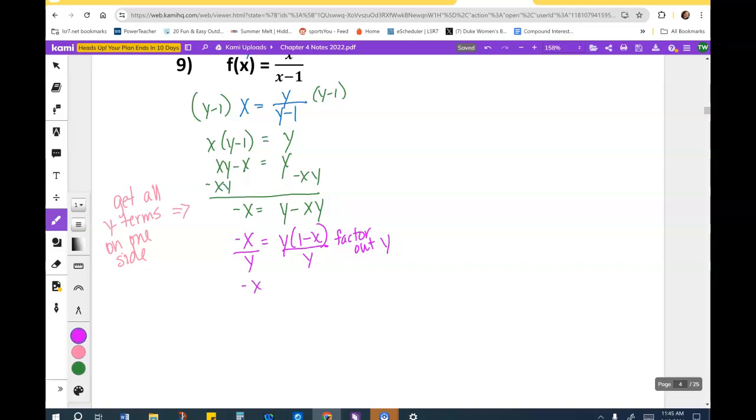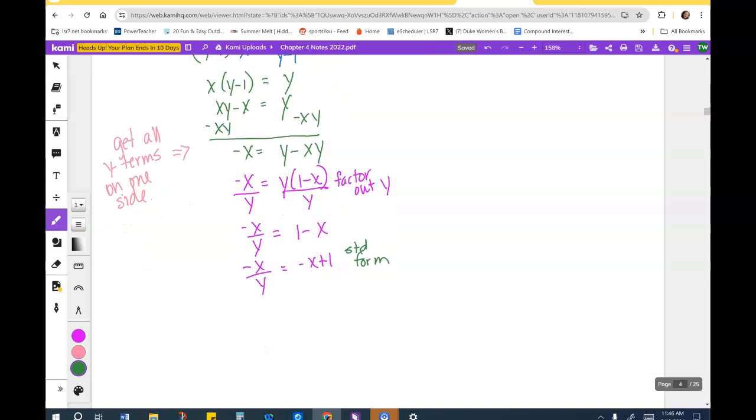So I have negative x over y equals 1 minus x. Okay, I want this to be in standard form. So that's going to be negative x over y equals negative x plus 1. The note I'm going to make on this one is that this is in standard form.